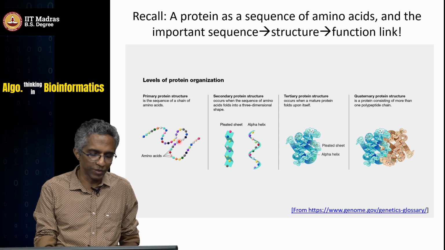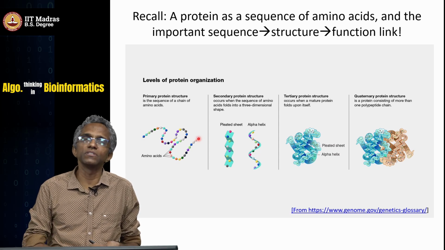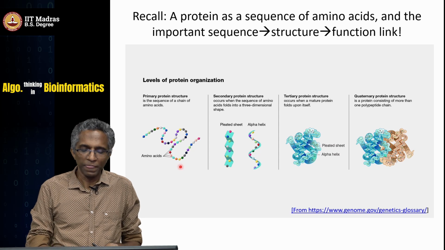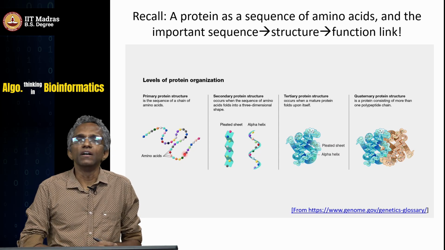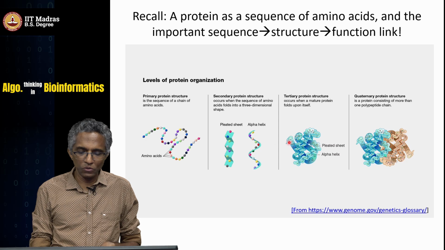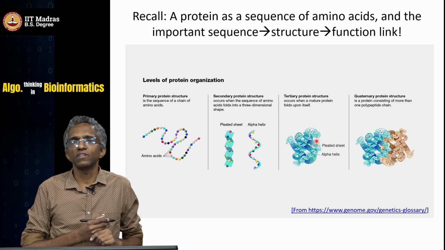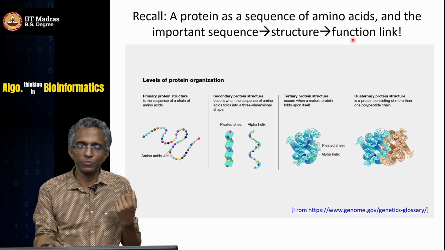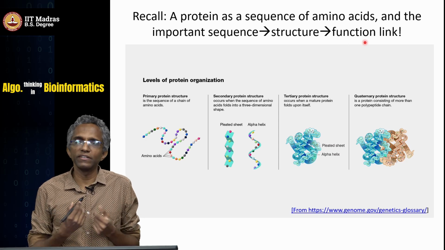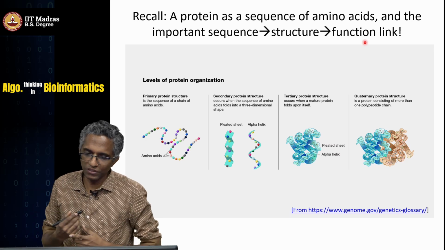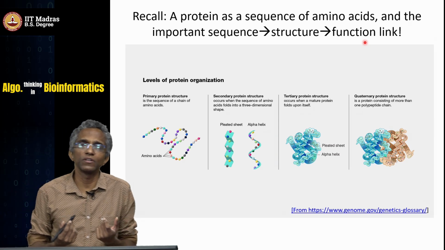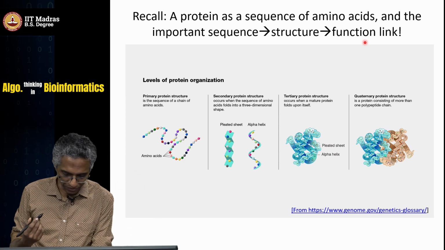Each bead is an amino acid, and they are all strung together into this long peptide sequence. These sequences then form secondary and tertiary structures, and once they fold into these structures, they go ahead and perform the function. So there is an intricate relation between sequence, structure and function, and knowing the sequence will tell us a lot about the structure and function of the protein.